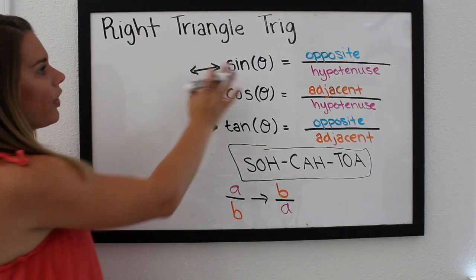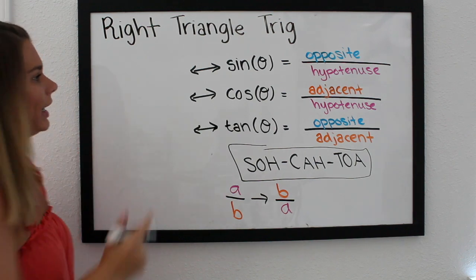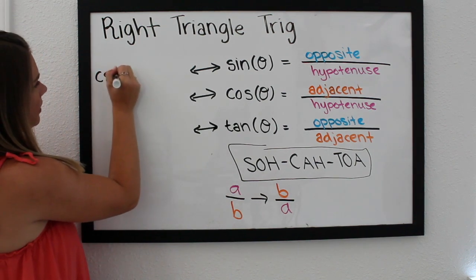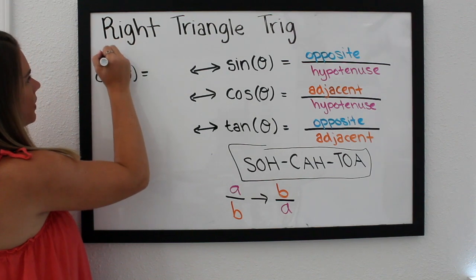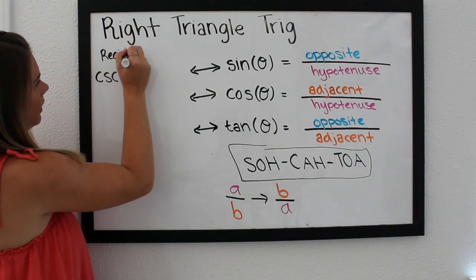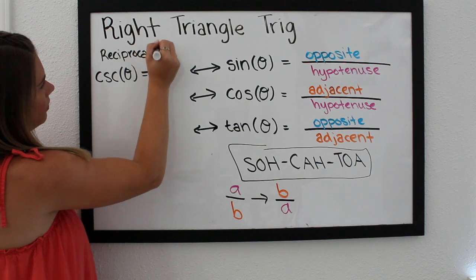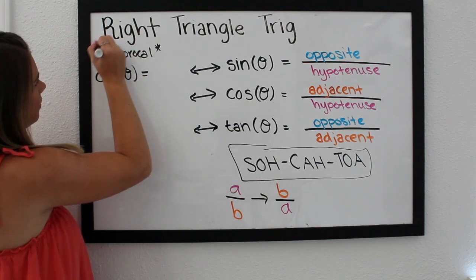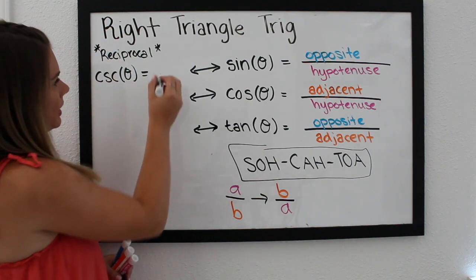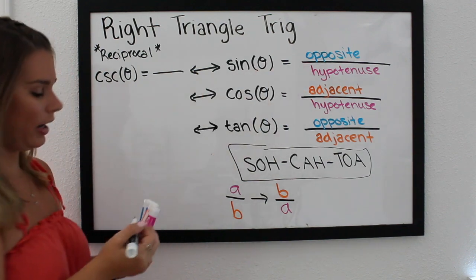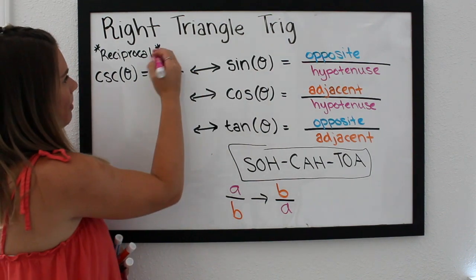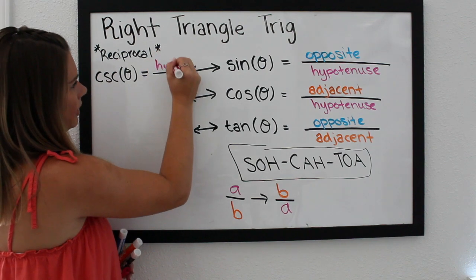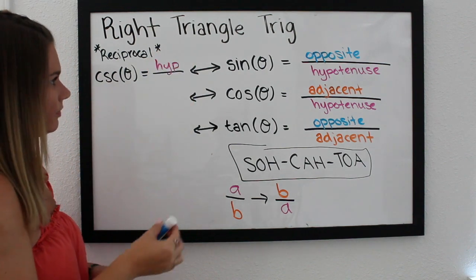The reciprocal of sine of theta is cosecant of theta. So these are reciprocal. Instead of opposite over hypotenuse, we're now doing hypotenuse over opposite.